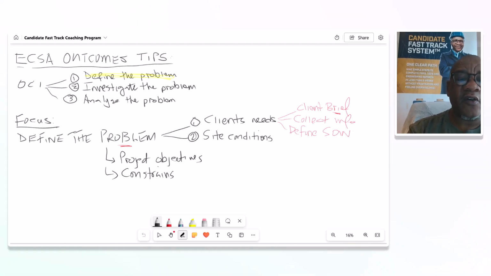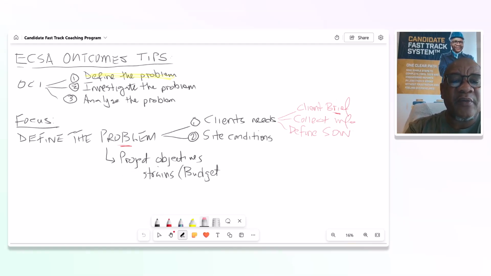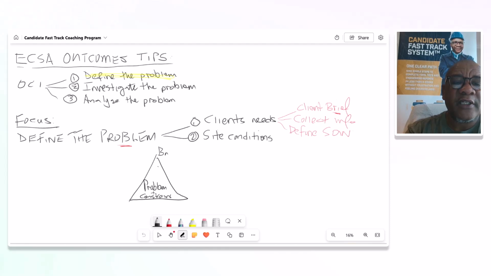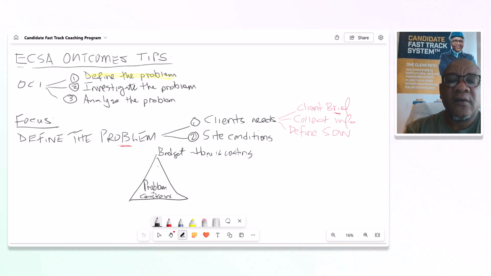You look at the budget: how much is it going to cost us to solve this problem?